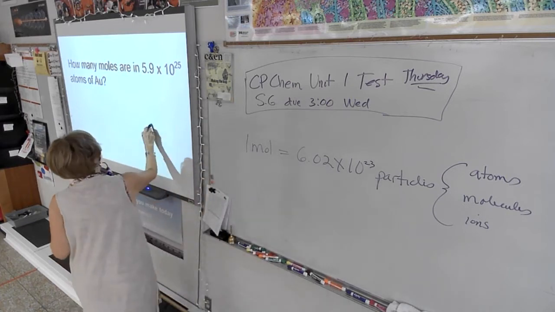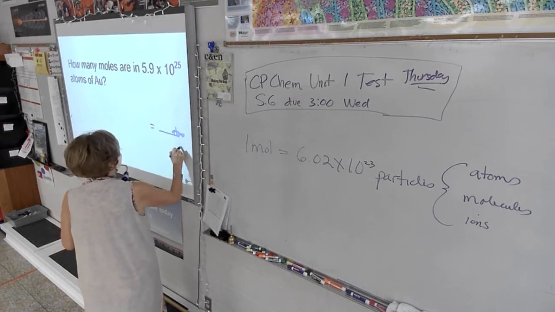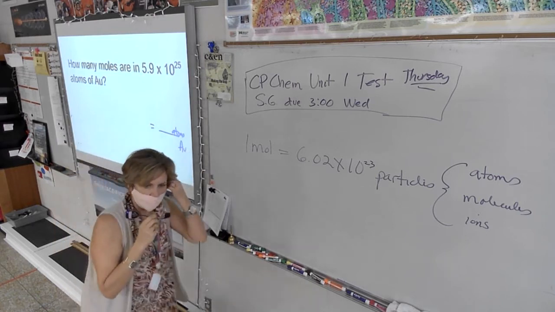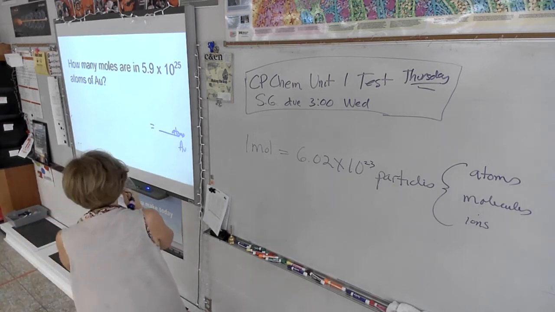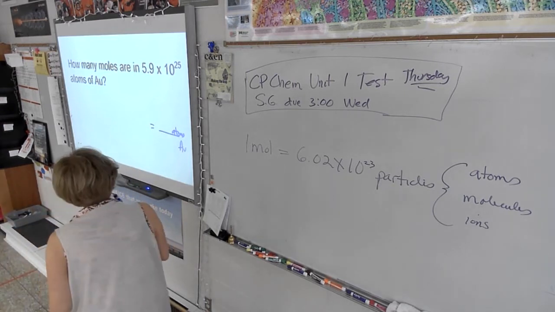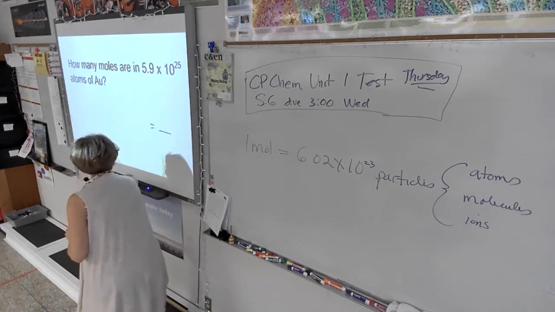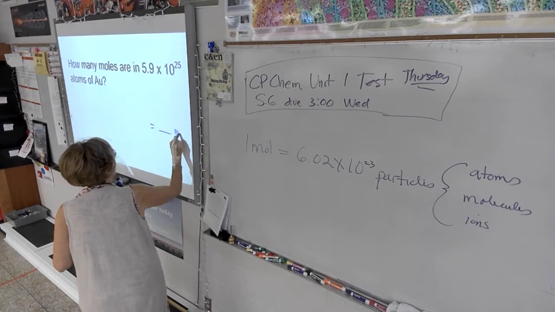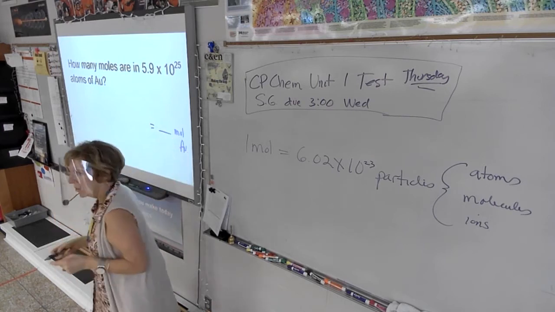So, way over on the right, you're going to put atoms of gold. Oh, I'm so sorry. You are correct, A for the day. Moles of gold. So sorry. So we want moles of gold.